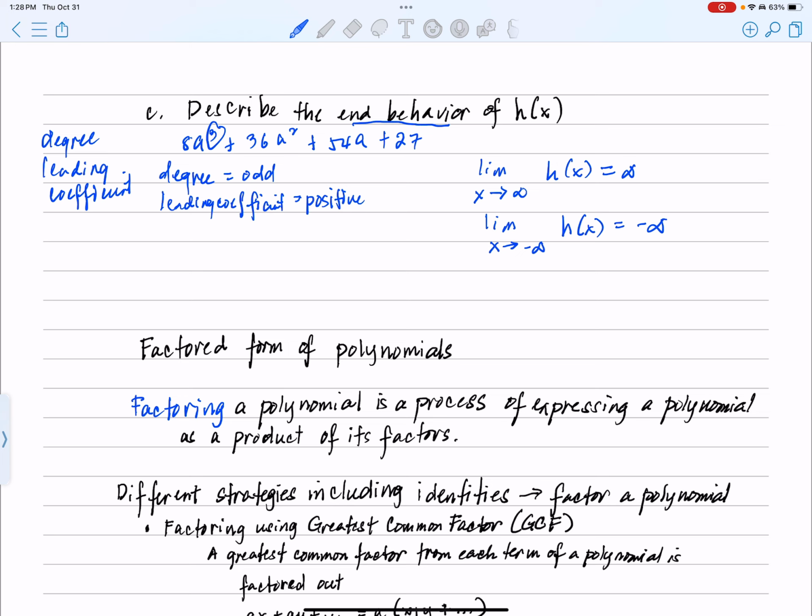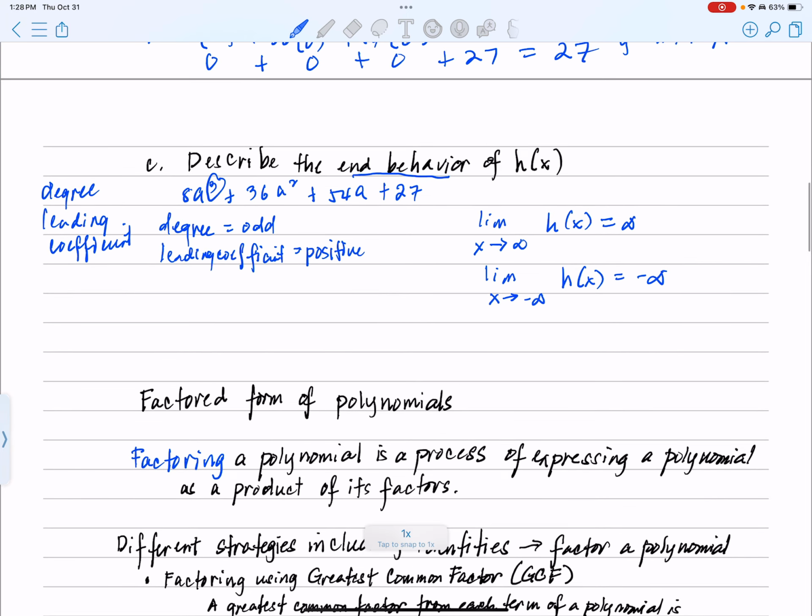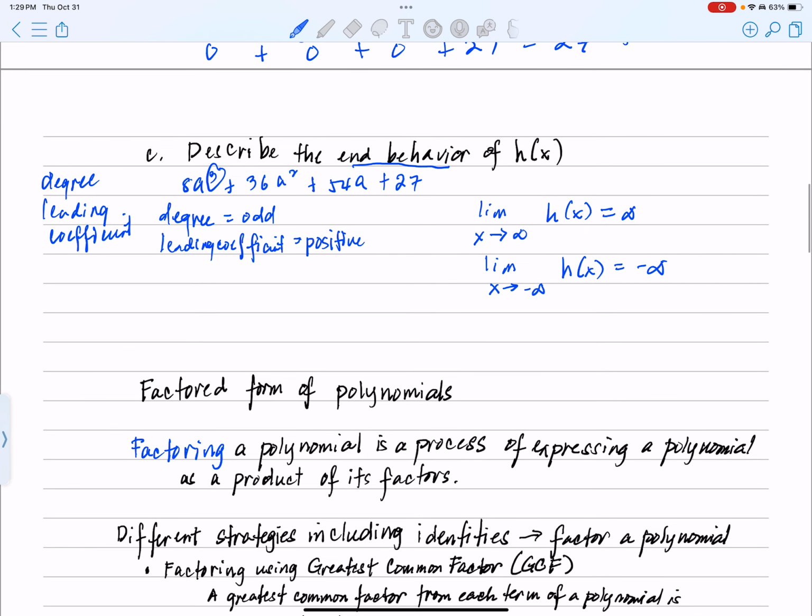All right. So what I can say in this standard form, we can use, okay, I have to highlight this, the distributive property.